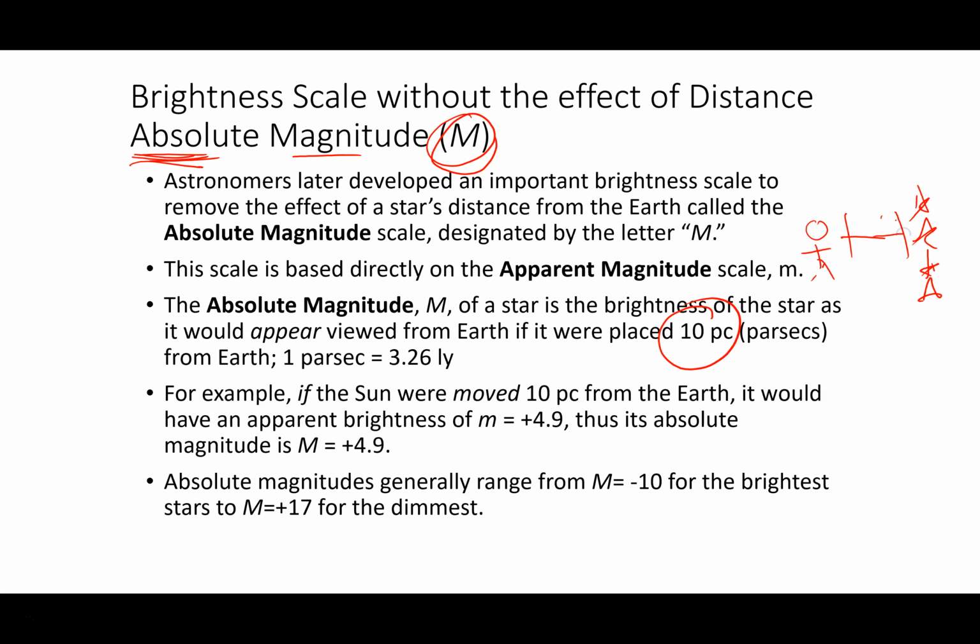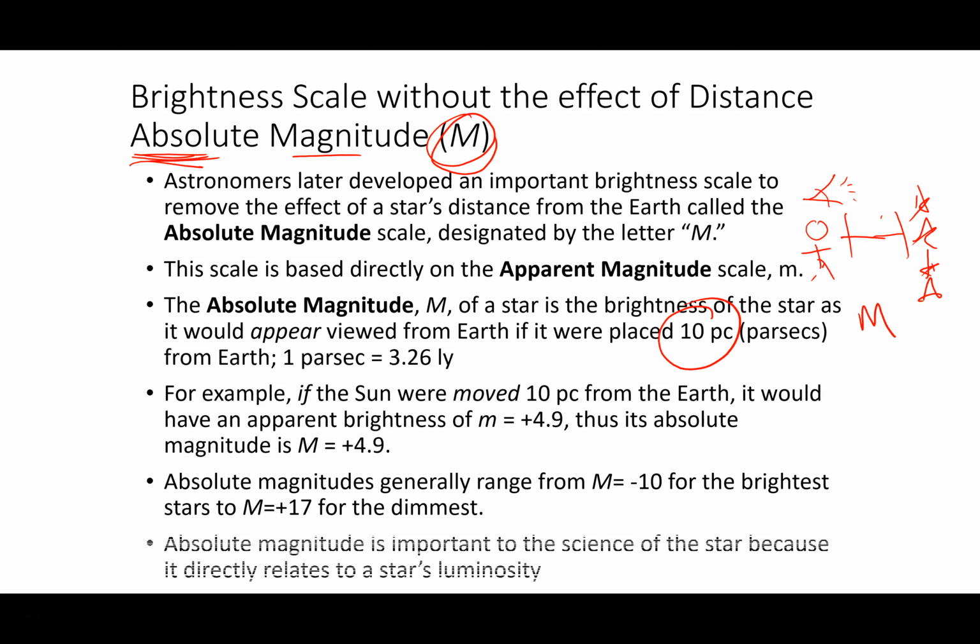So if they're the same distance, this is my eye right here, then however bright they are has to do with how much energy they're pumping out. So as it turns out, this absolute magnitude, big M, is directly related to the luminosity of the star. All right, there it is.